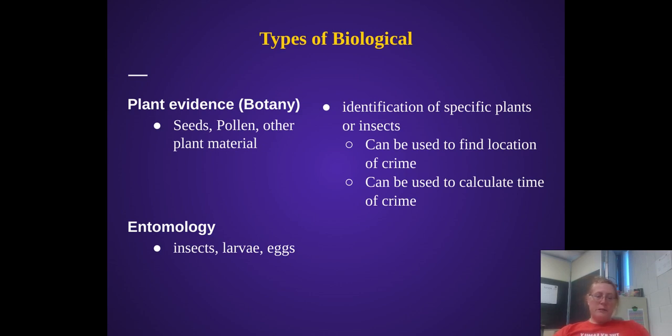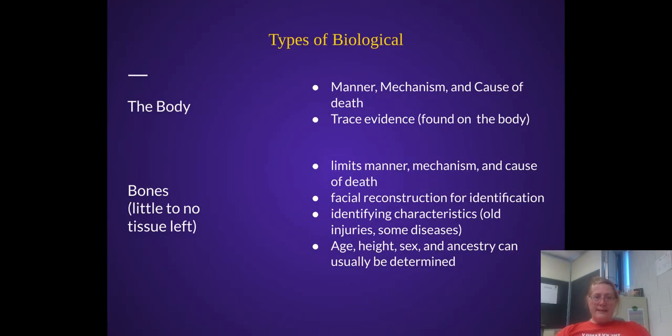You have 3 different parts of the larvae. So knowing that this is specifically one type of fly, and that it has a 3-day hatching period, and then you're going to see the first larvae. All of that's going to help you calculate how long this body has been here. So all of that helps with that.